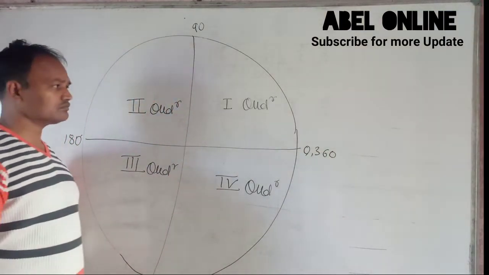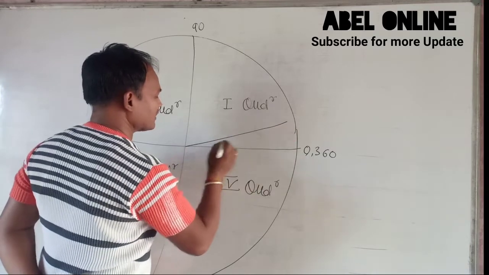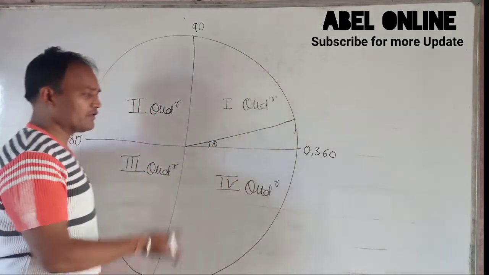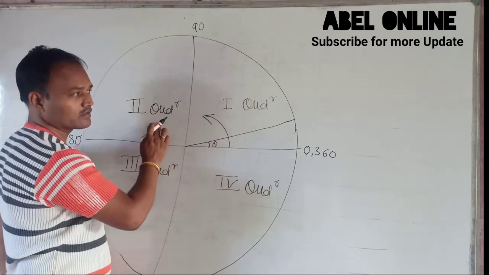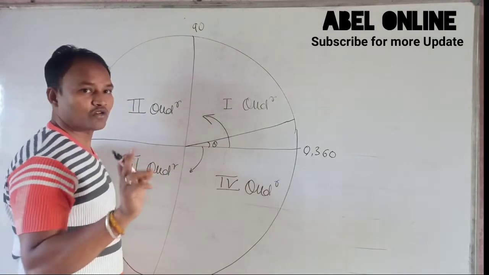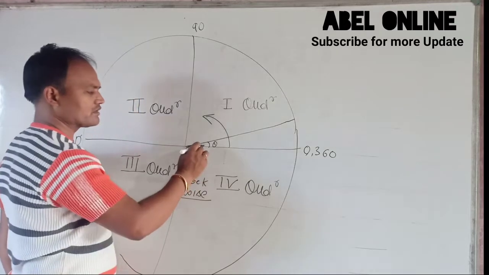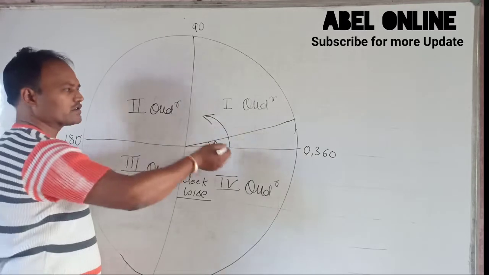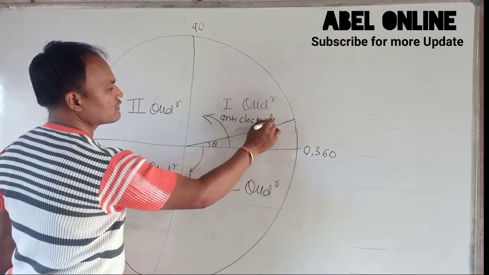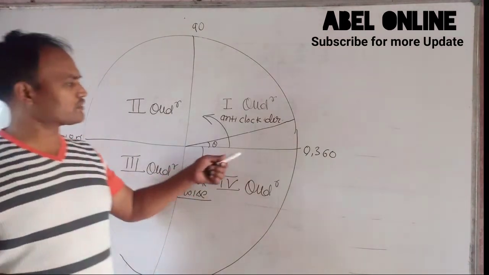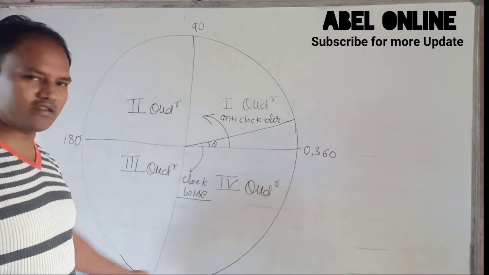Now we are taking a minor angle, theta. If theta is moving in this direction, it is called the clockwise direction, because the clock moves along this side.